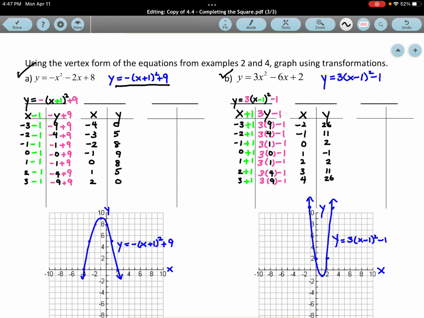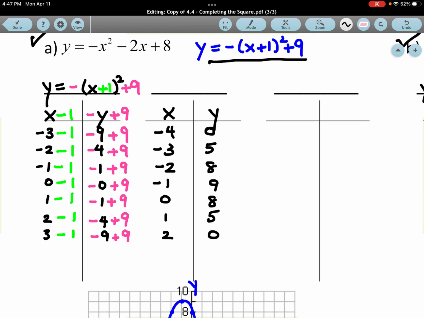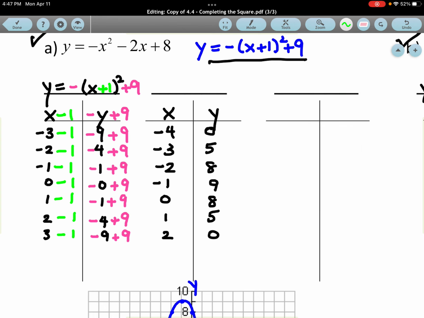And we've done this before, and I'm just going to project this. I'm not really going to go through it too much, other than notice that your black numbers are your original parabola numbers. And from there, you're going to transform. Let me zoom into this, and then you guys can take a look at the other one by yourself. Whatever is inside the bracket, this +1, you're going to do the opposite, and you're going to do it to all of the x's.